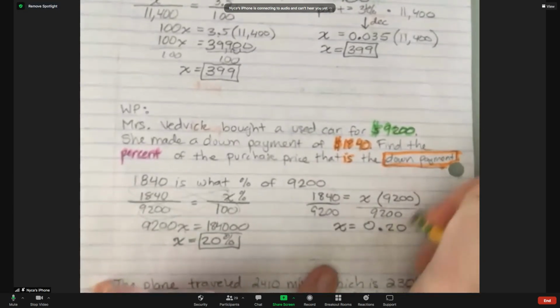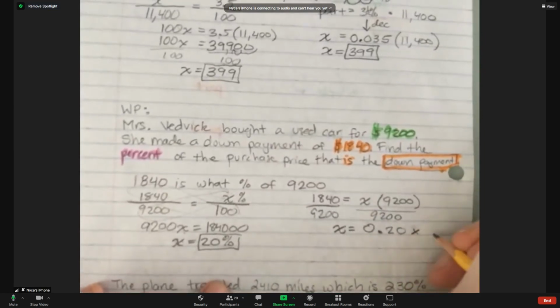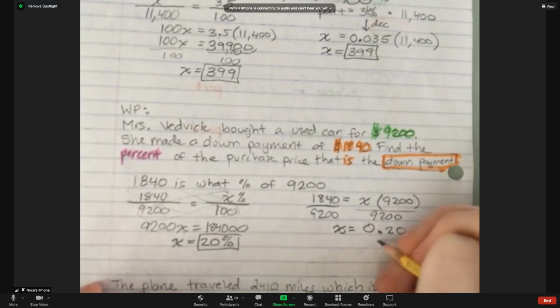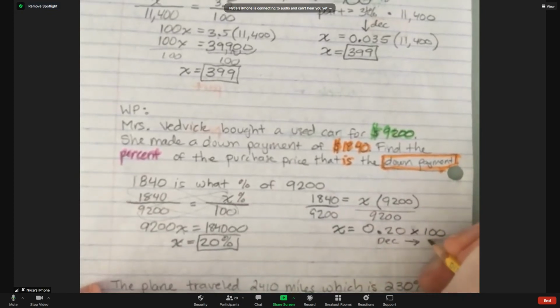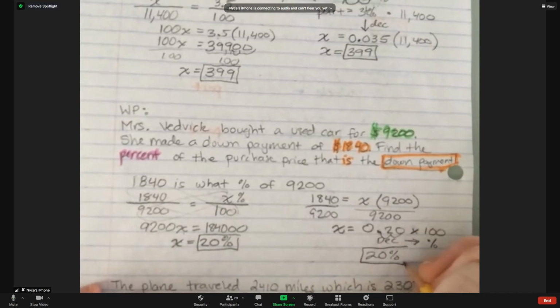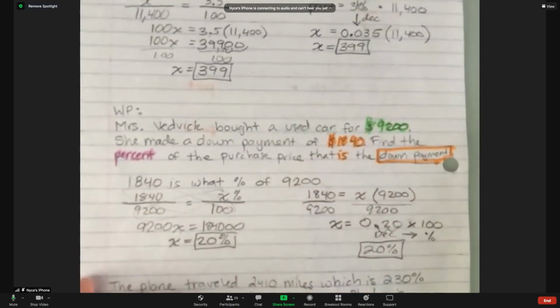Then at this point, you have your decimal. I need to then do times 100 to convert it to a percent. So again, decimal, we want a percent answer, and you end up getting 20%. So that down payment is 20% of your final cost.